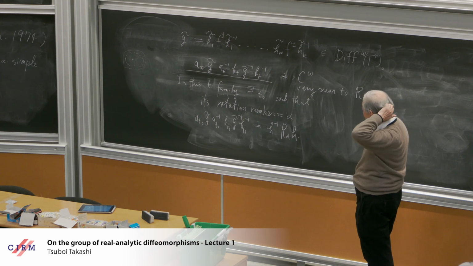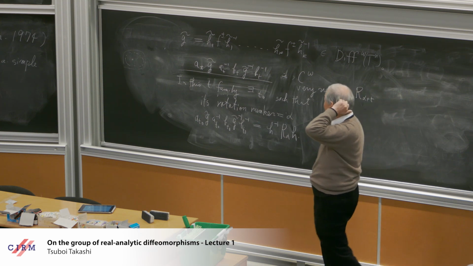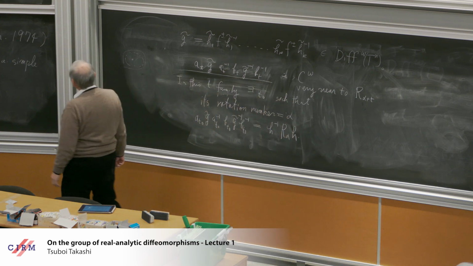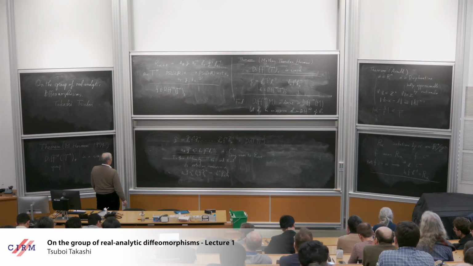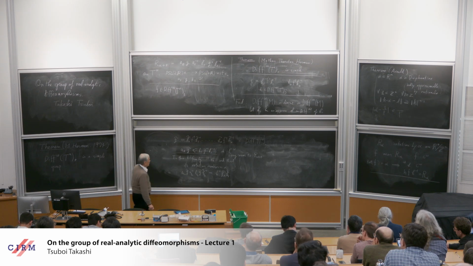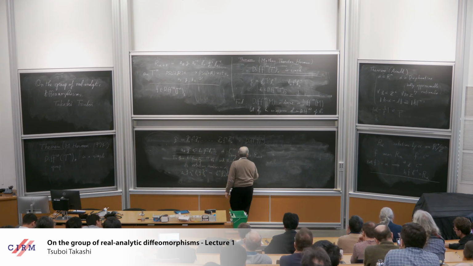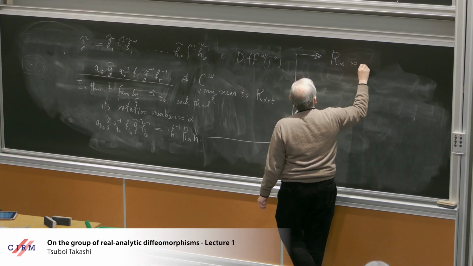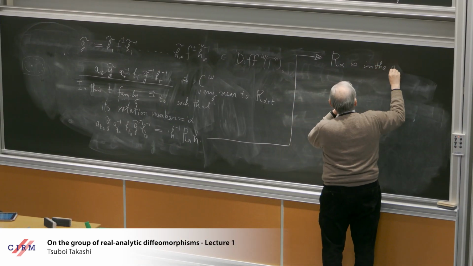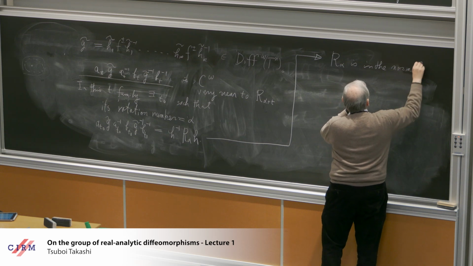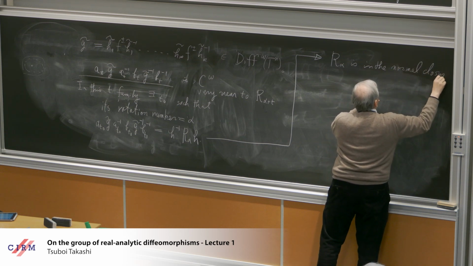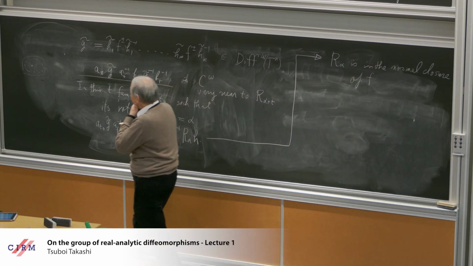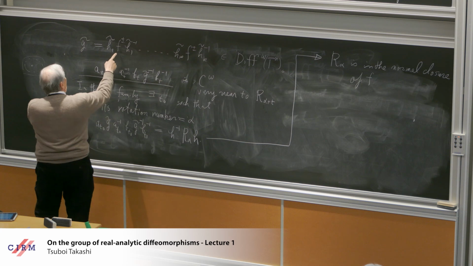So what does it mean? So here is my F. What do I prove? I proved that R alpha is in the normal closure of F, because G tilde is something like that.